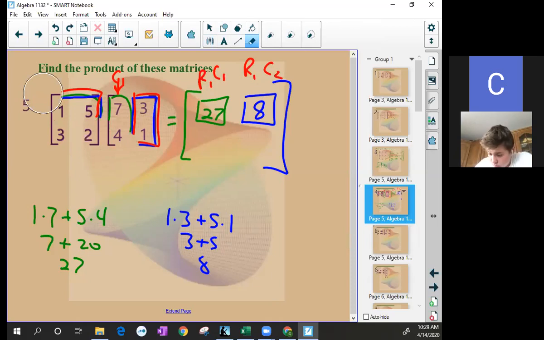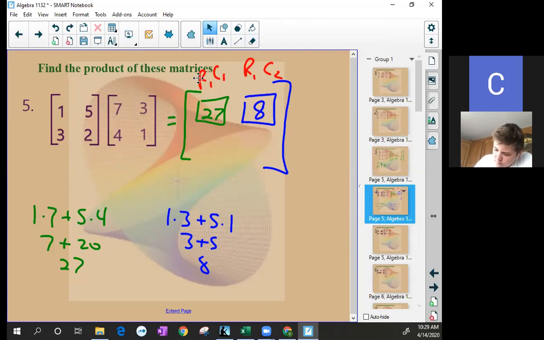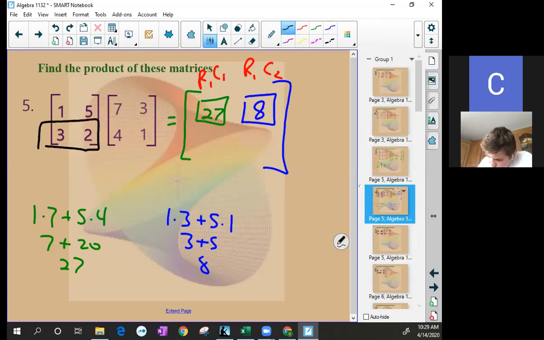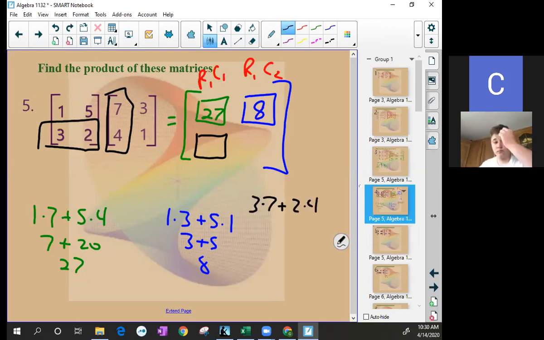Now we've got to get the, so now I need to take the second row times the first column, and that's going to give me my answer right here. So I'm going to have 3 times 7 plus 2 times 4, 21 plus 8 is 29.